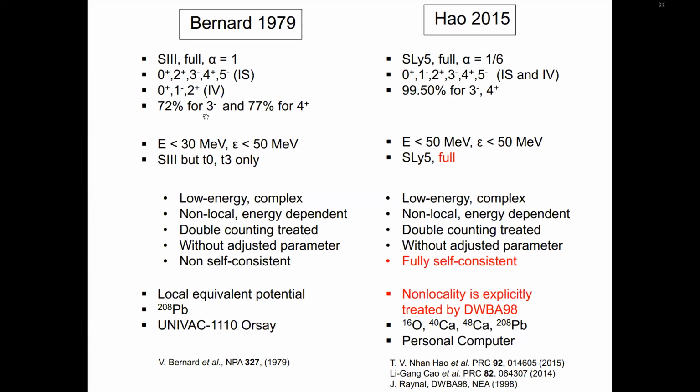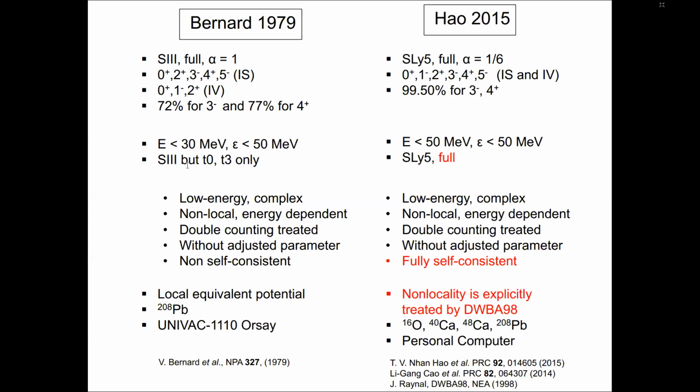For example, at that time, Van Zyl and Bergner got only 72% for 3-, but I can get 100% for 3-. Very nice for me. And because I have a much stronger computer, of course, 40 years later, I can have a larger energy window, like less than 50 MeV.